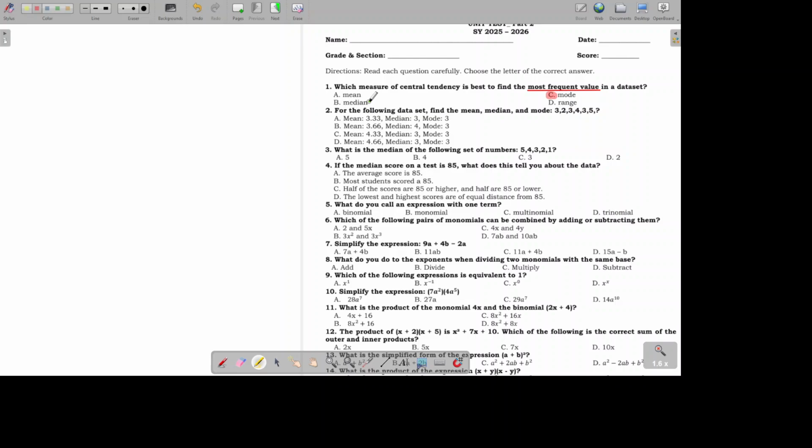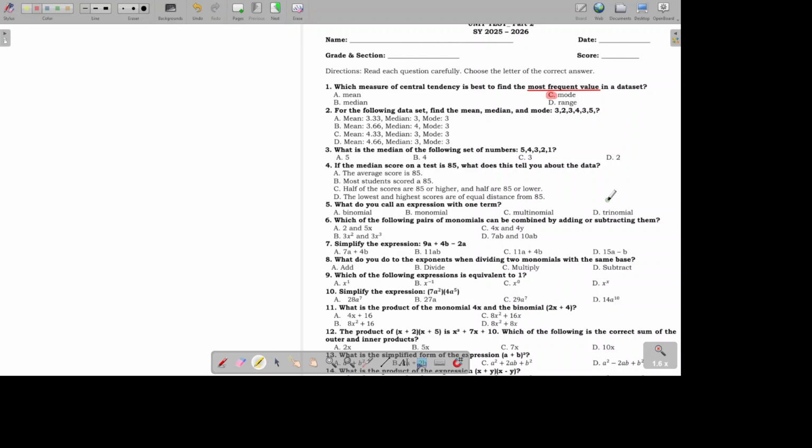It is the sum of all terms divided by the number of terms. Median, on the other hand, is the middlemost element. Mode is the most frequent appearing element in a set, and range is the highest minus the lowest value in the set. Okay, so pag nabasa niyo most frequent value, that's the mode.